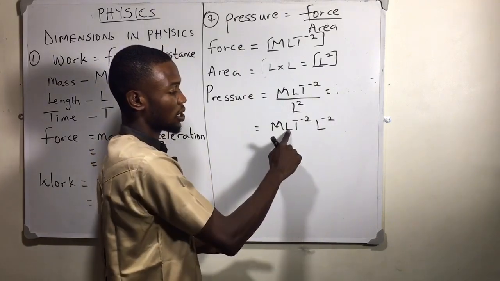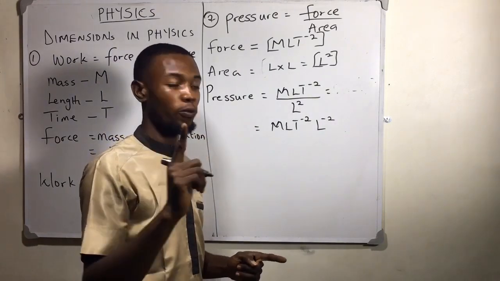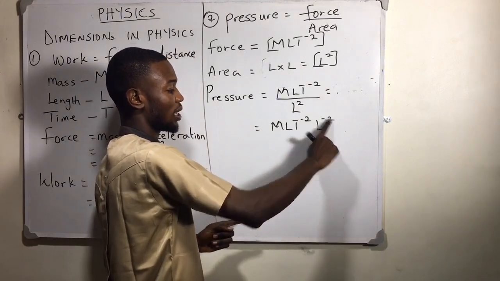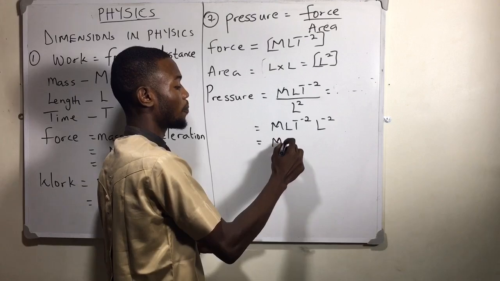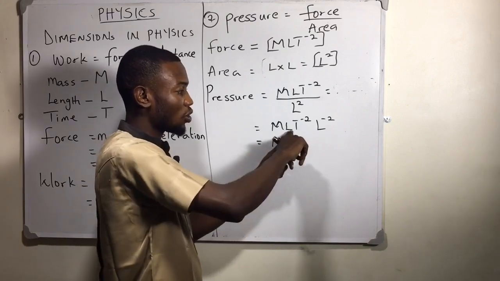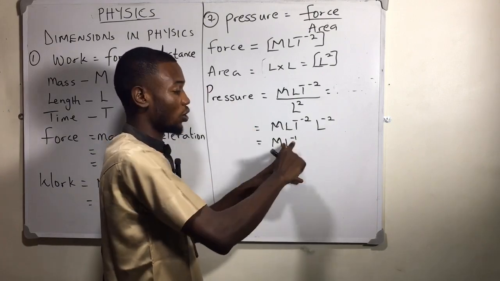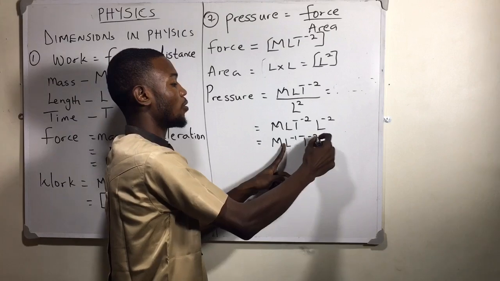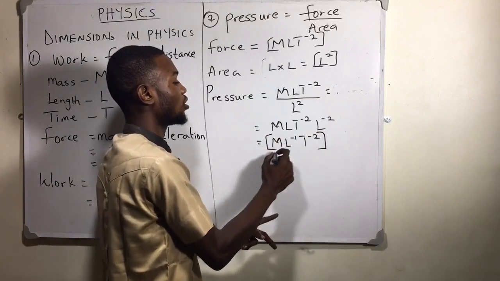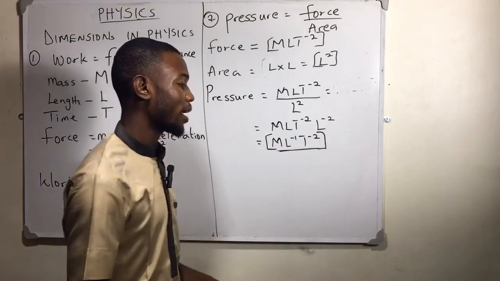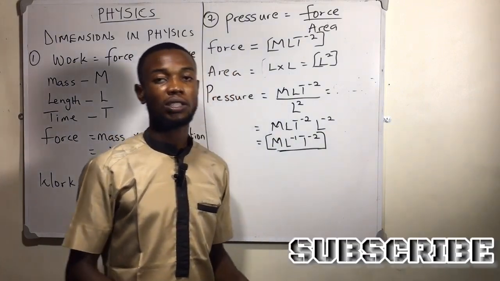Now, this positive is just like having a power of 1, so it's going to cancel one of these negatives. We have M L raised to the power of minus 1. This positive has cancelled one of these, so I have to bring the remaining negative one here. Then we have T raised to the power of minus 2. So the dimension of pressure is ML raised to the power of minus 1, T raised to the power of minus 2.